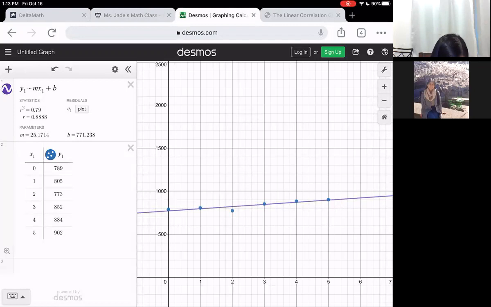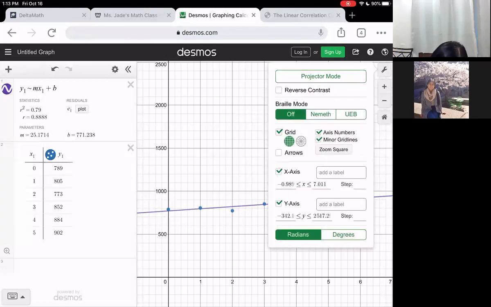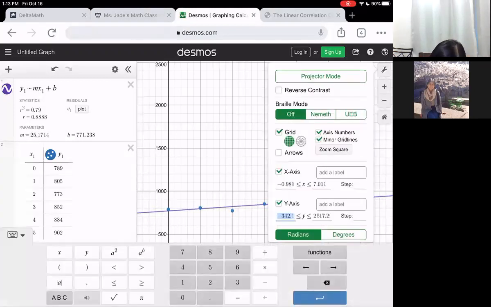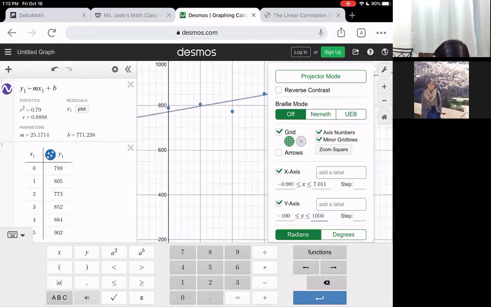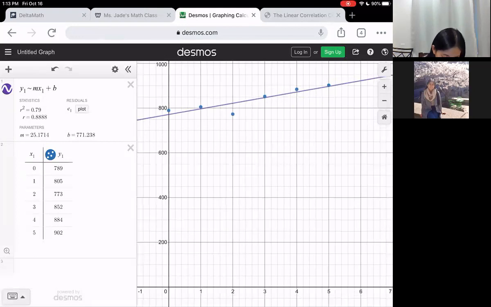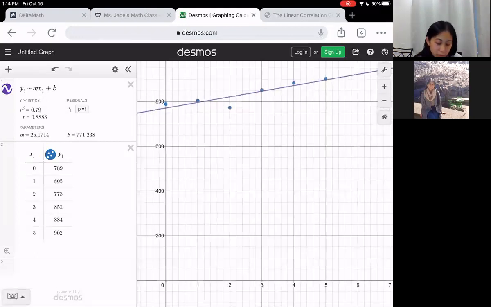So I'm going to maybe want to see from 700 to 950. So over here on the y-axis, let's take a look from, oh wait, no, let's do negative 100 all the way to 1000. Okay. I mean, as long as you can see all the points, it really doesn't matter. Like you could have it rotated or zoomed in, zoomed out, it's fine.